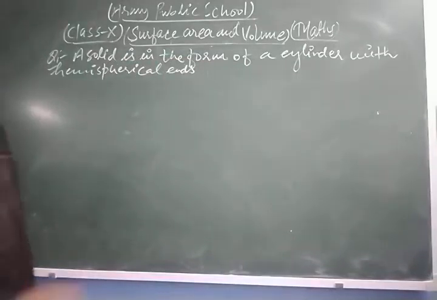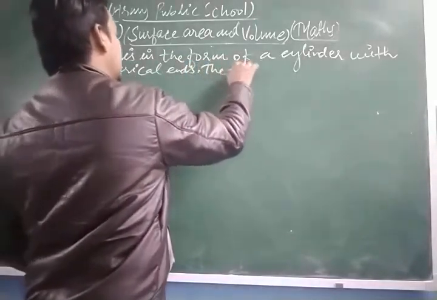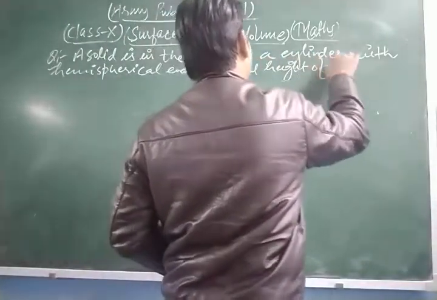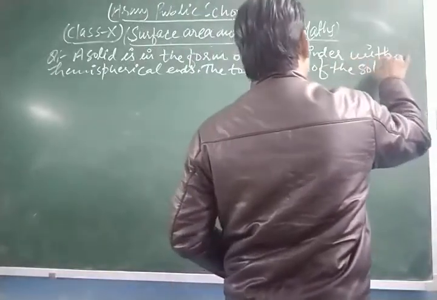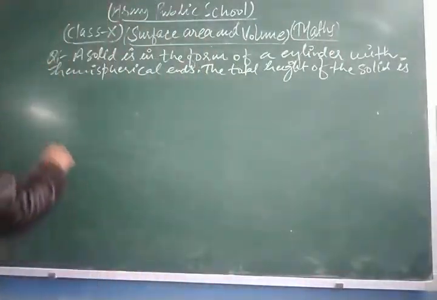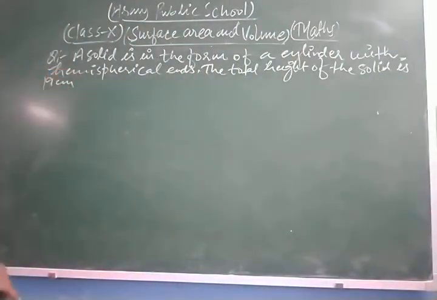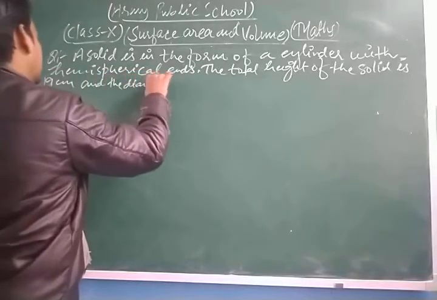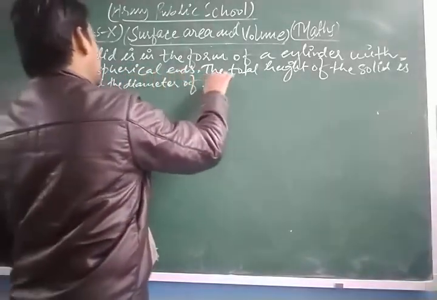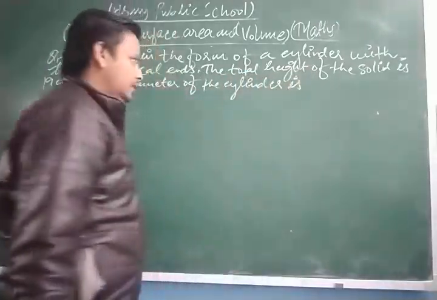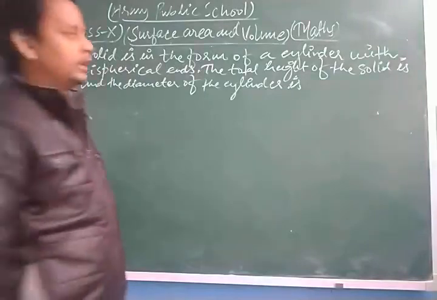The total height of the solid is 19 centimeter, and the diameter of the cylinder is 7 centimeter.